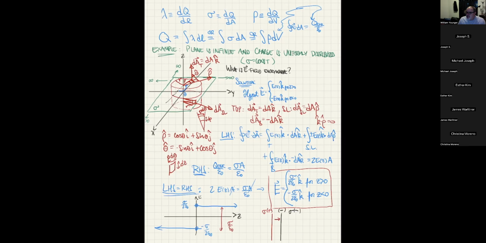Remember, like charges repel and unlike charges attract. So I'm asking you, I want to put a positive charge to the left-hand side of a negative plate. Which way is that positive charge going to want to move? Right. Exactly. So both of those actually add up. And in fact, between the plates, the electric field becomes sigma over epsilon naught. That's going to come in handy when we do capacitors.